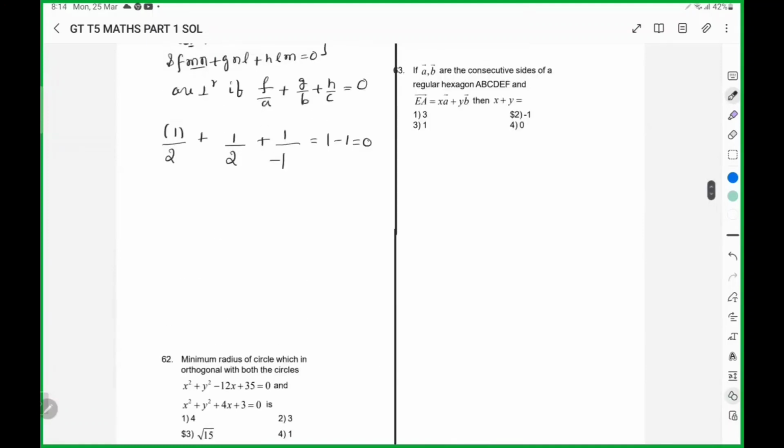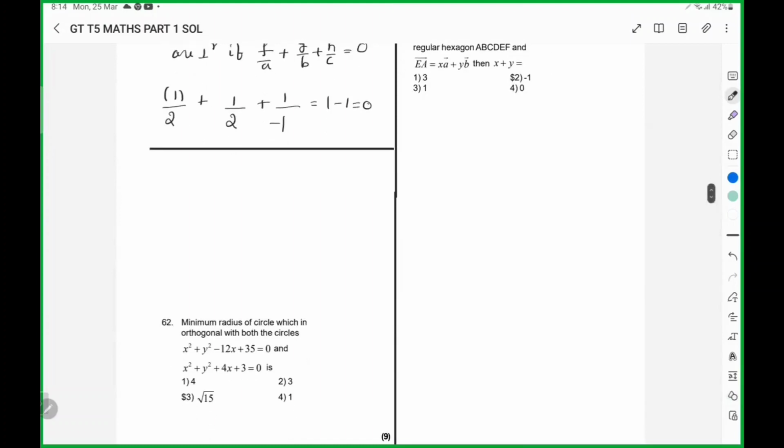Here, to do this second problem, minimum radius of the circle which is orthogonal to, we don't know which circle is orthogonal. Let us assume this is the circle which is orthogonal to 1 and 2. Say this is S star.